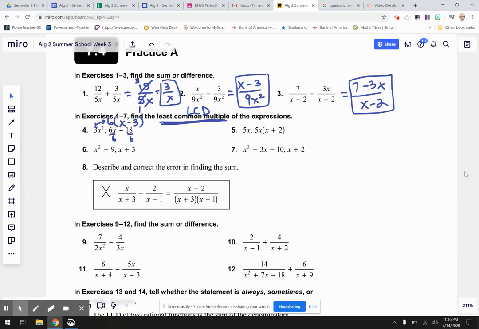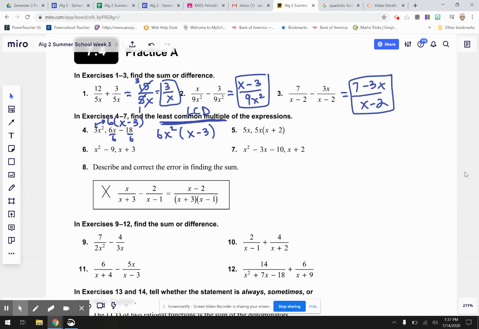So 6 would be a good common denominator, 6x squared, and then x minus 3. Both of our denominators would go into that one denominator. I know that's a little tricky there. But 3 goes into the 6. So we don't have to multiply 3 times 6 and put 18. We can actually use 6.